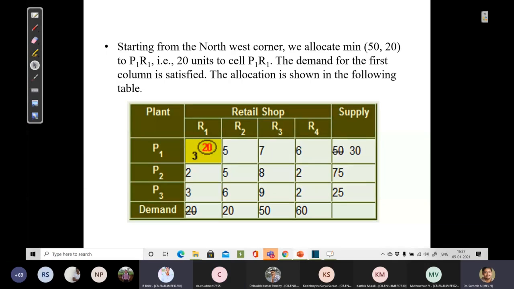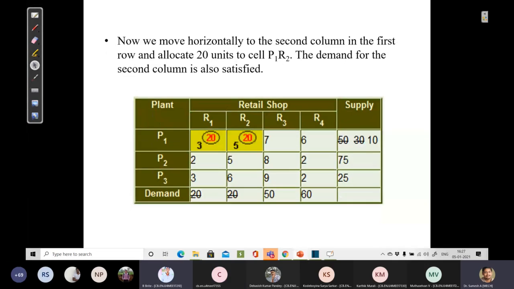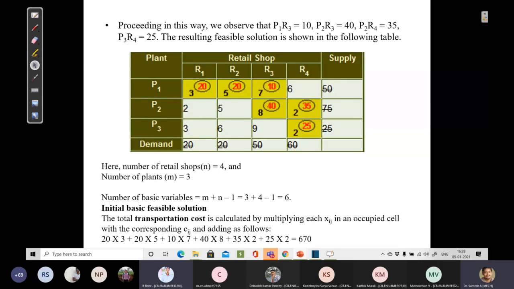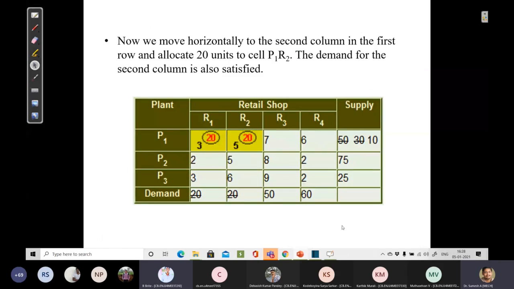Now, which is the next northwest corner? P1 R3. Okay, so P1 R3, that 10 will be given. Balance will be 40. What will be the next northwest corner? After P2 R3.